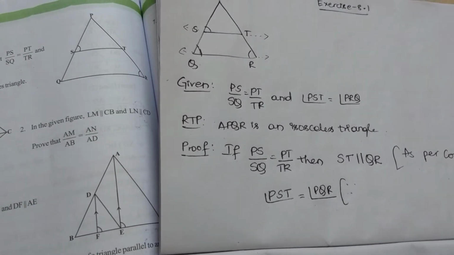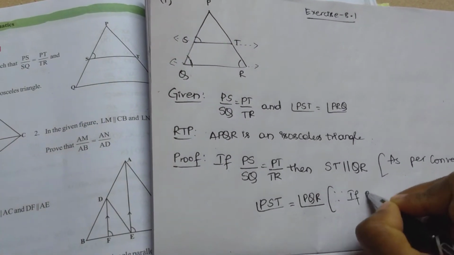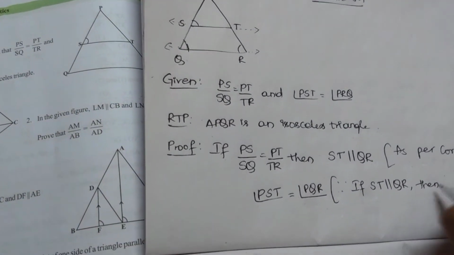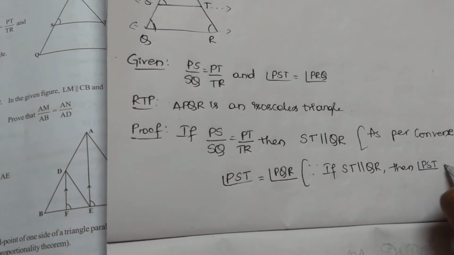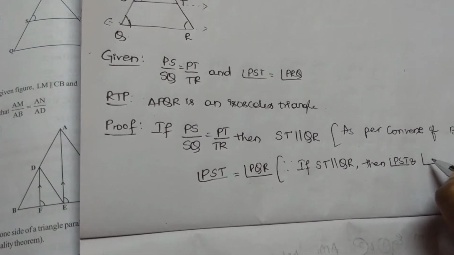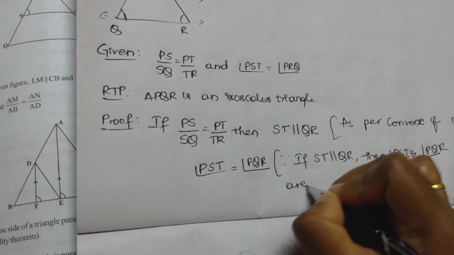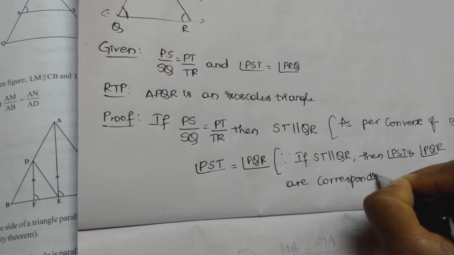Write the condition: since ST is parallel to QR, angle PST and angle PQR are corresponding angles, correct?